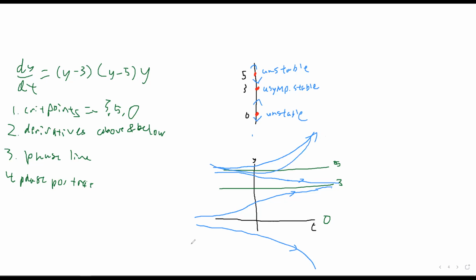And so that's why both up here and down here, they both escape to infinity. While in the middle, they do escape 5, but they go to 3. And they escape 0 and they get sucked into 3. And you can kind of read that from these arrows. These arrows tell you where a point's going to go. Up, down. All right. Any questions before we move on to exact equations, which will be our last material for today?